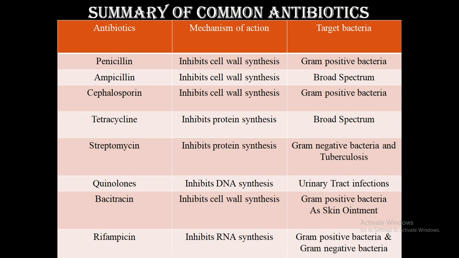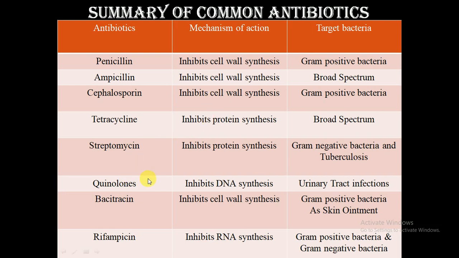Tetracyclines are another group of antibiotics, also called protein synthesis inhibitors, which inhibit protein synthesis and are bactericidal in nature. Streptomycin inhibits protein synthesis and targets gram-negative bacteria and tuberculosis.